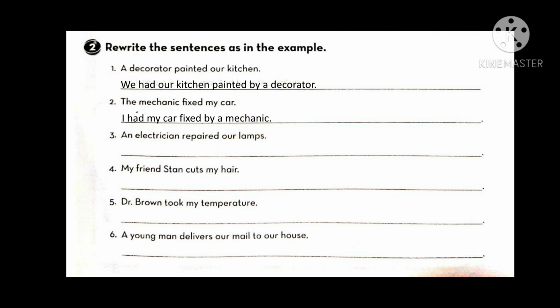Our lamps. So we are going to use what? We had or has or have. Had for sure because it's repaired, verb 2. So we had our lamps repaired by an electrician. That's right. Number 4, my friend Stan cuts my hair. My friend Stan cuts my hair.